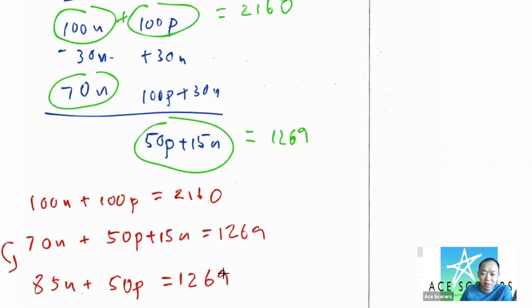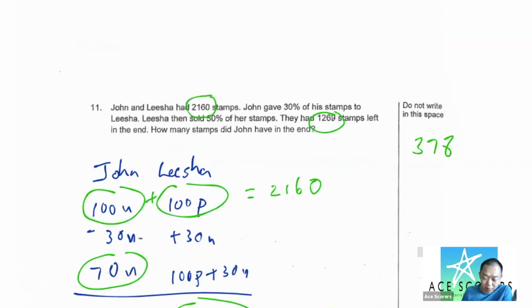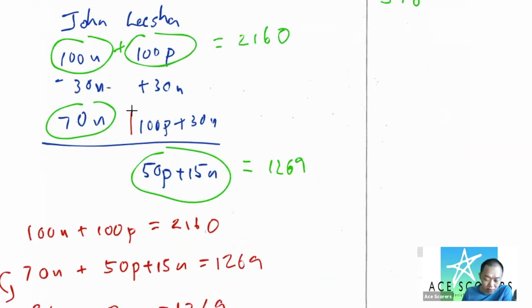Okay, Isaac asked a question. Why have 50 plus 15? Let me address this first. Because Alicia sold 50%, we must drop off 50%. She has this, then sells half.